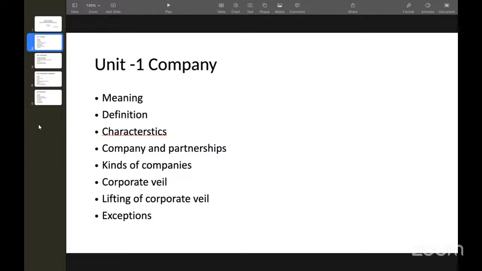As business practices evolve, these principles remain essential for maintaining a balance between innovation, enterprises, and legal responsibility. So this was about the unit 1.